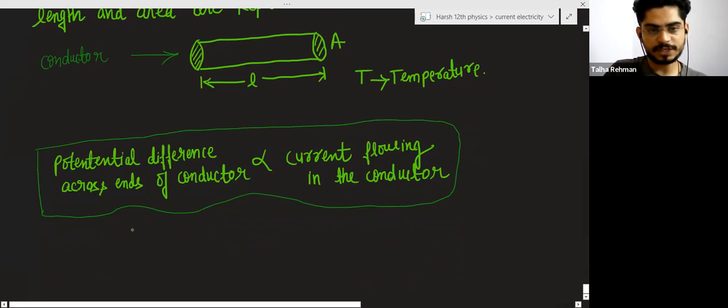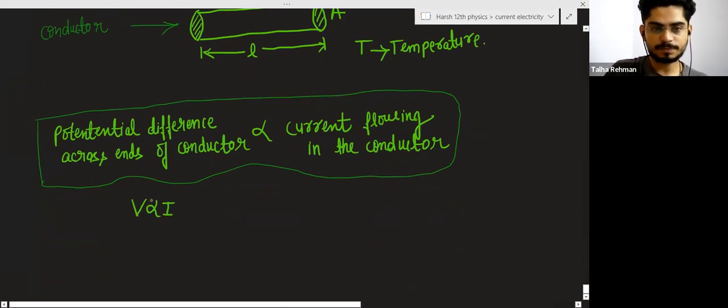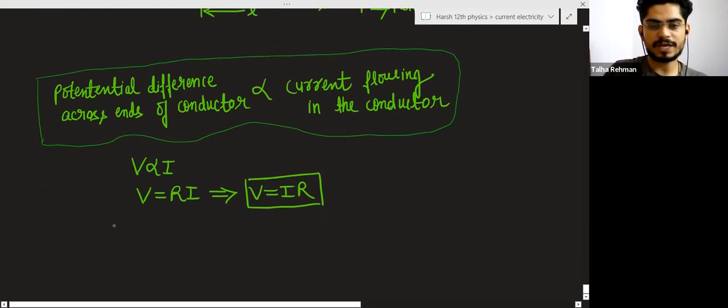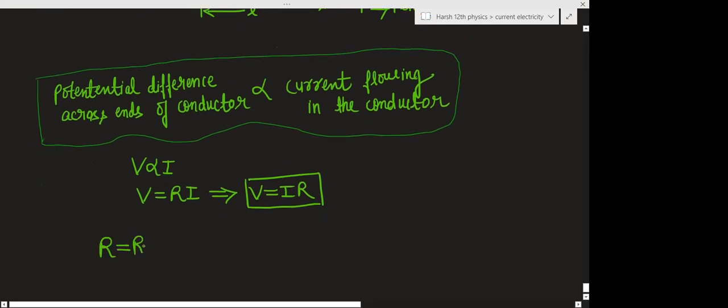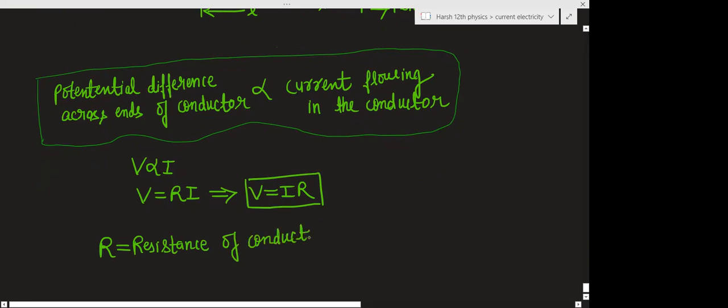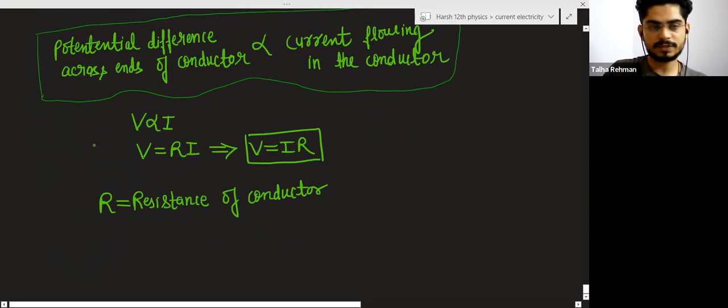I am representing potential difference with V, which is directly proportional to current I. When we remove the proportionality sign, we get a constant R. Then we can write V is equal to IR, and R is known as the resistance of the conductor.